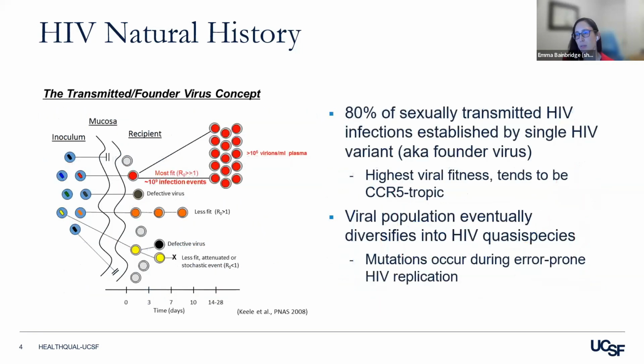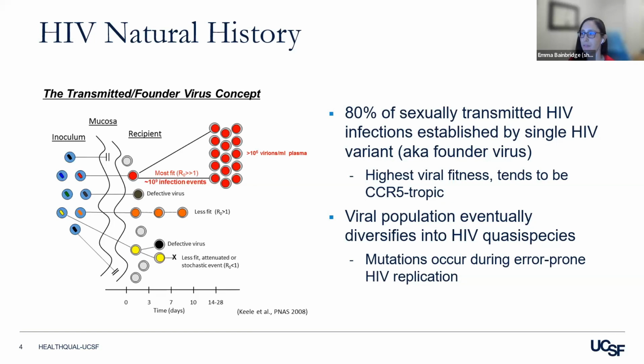And then I just wanted to introduce this concept of the founder virus, which I think is helpful for understanding where resistance comes from. And so there's a nice picture here that explains what happens. So essentially the idea is that in an established HIV infection, you have a diverse viral population.